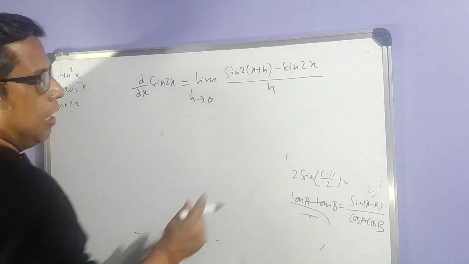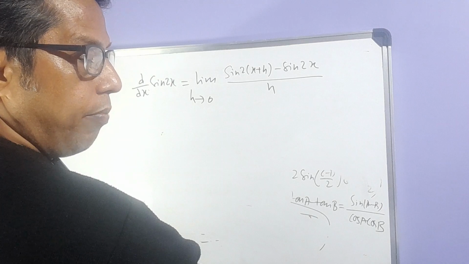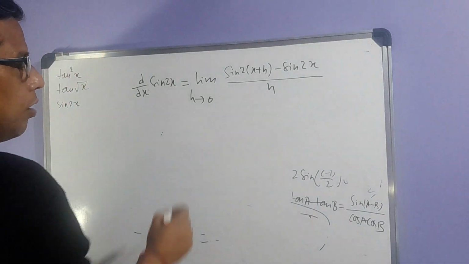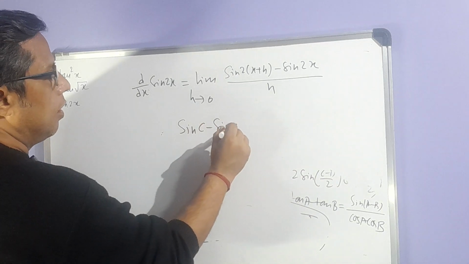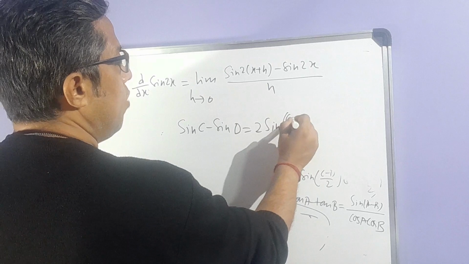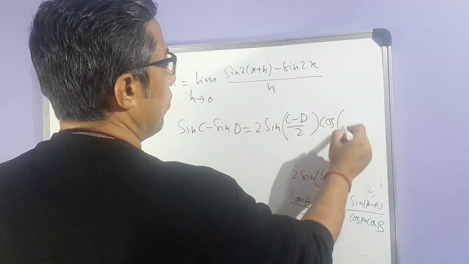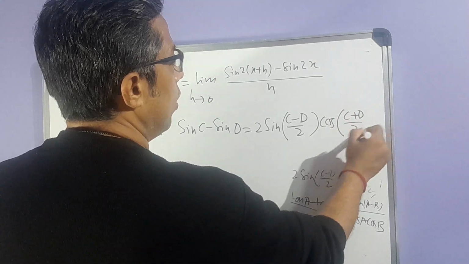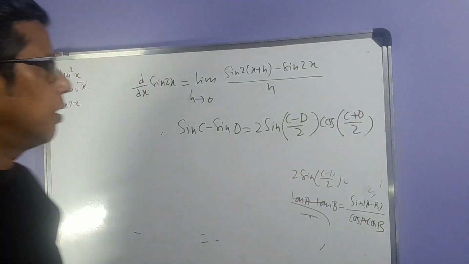So we know that there is a formula, sine c minus sine d is equal to 2 sine of c minus d by 2 cos of c plus d by 2. So this trigonometric formula we are going to use here.